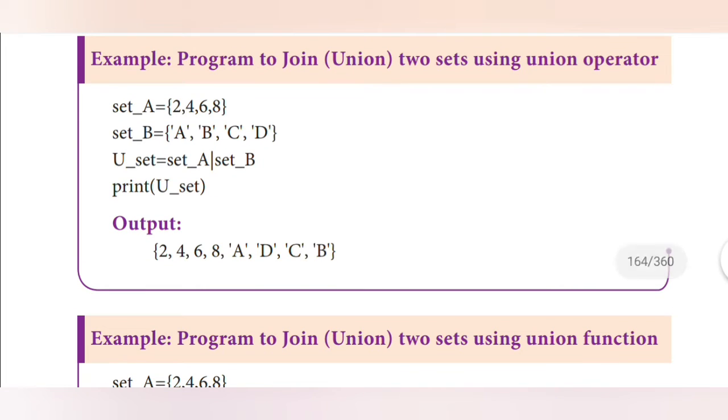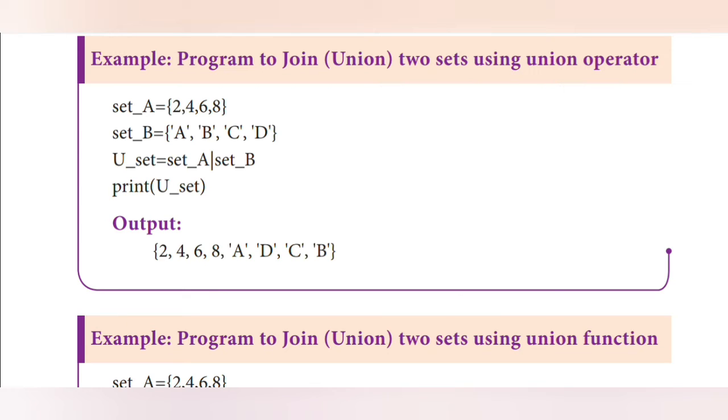Program to join two sets using the union operator. Now you can take two sets, set_A and set_B, which are the set variable names. Set_A equal to 2, 4, 6, 8, and then set_B is equal to A, B, C, D. In each set there are 4 elements. U_set is the union set. Now we are going to do the union process. U_set is equal to set_A pipe set_B.